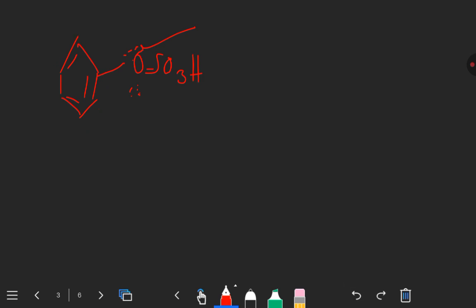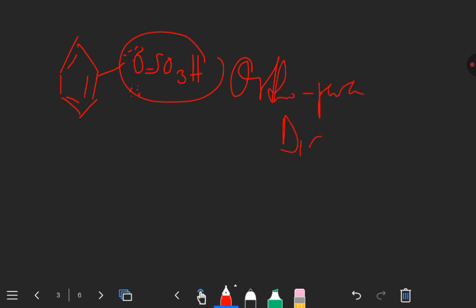And because this oxygen is donating lone pairs of electrons to this ring, this entire compound will be referred to as an ortho para director. Why are we calling it like that? Because oxygen has lone pairs of electrons which can be donated to the ring.